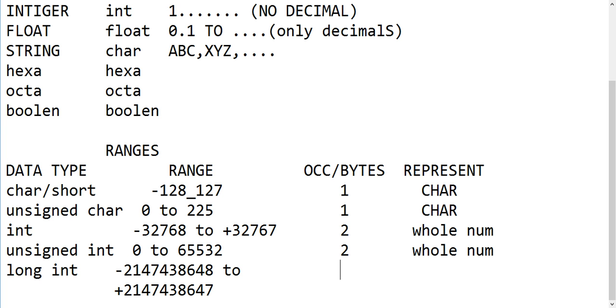It occupies 4 bytes here. Thing to note, it occupies 4 bytes. It also represents a whole number.